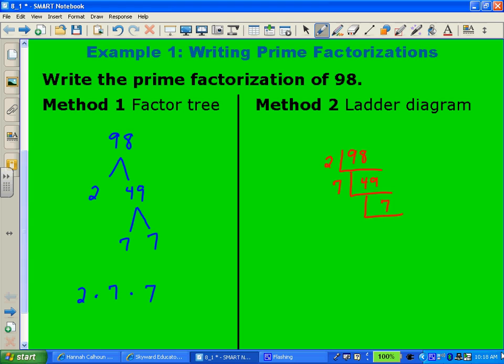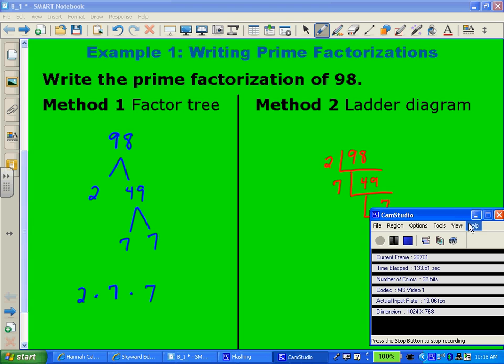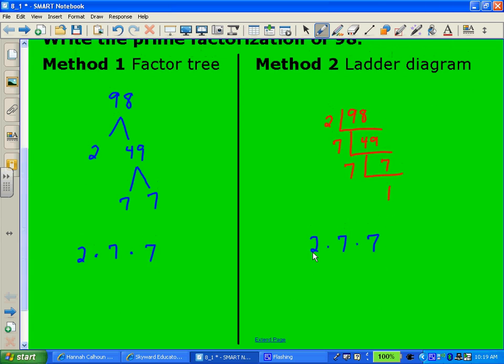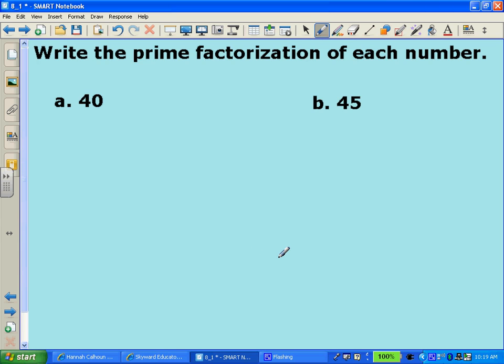Okay, and then I keep doing this until I get down to 1. So again, I can divide by 7, and that's going to give me 1. Once I get to 1, I'm at the end of the ladder diagram, and then down the side here I have my prime factorization. 2 times 7 times 7. You can see that either way I get to the same place. Whichever one works best for you, I guess, is the one you should use.